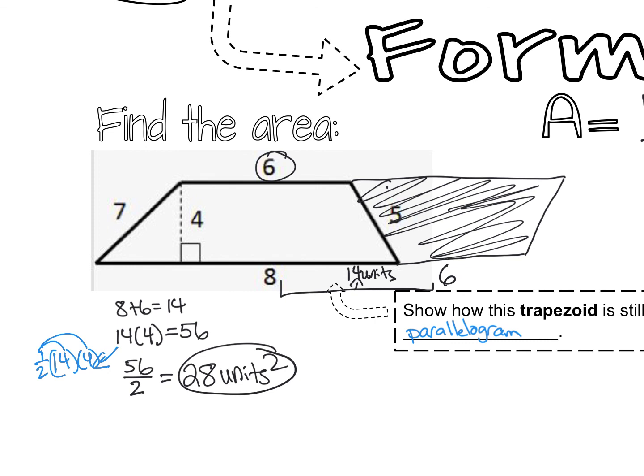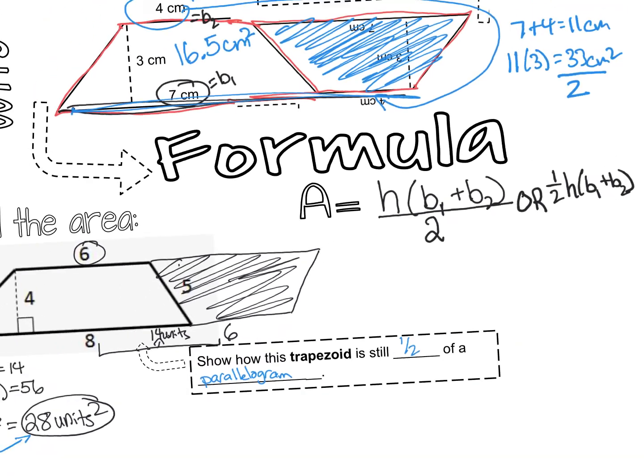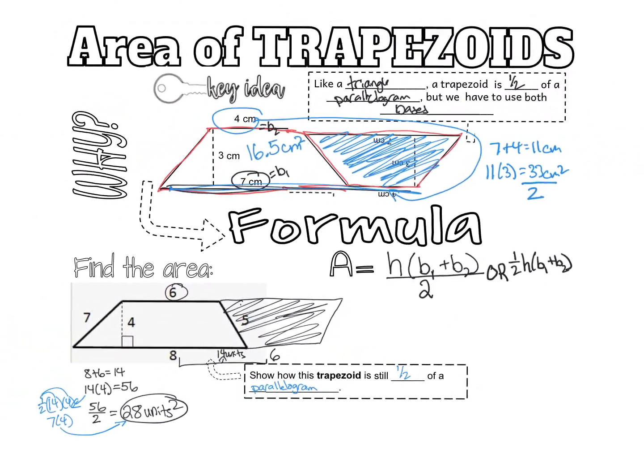And if I did 1/2 of 14, that would be 7 times 4, which is still going to give us 28. But this way is a lot easier for me to do mental math, which makes the problem a little bit quicker. So just things to think about as you are finding the area of trapezoids.